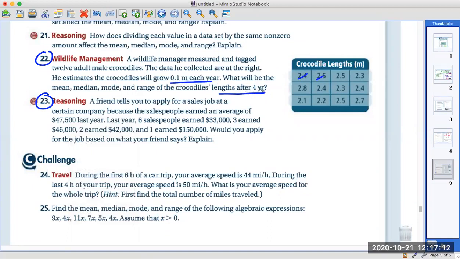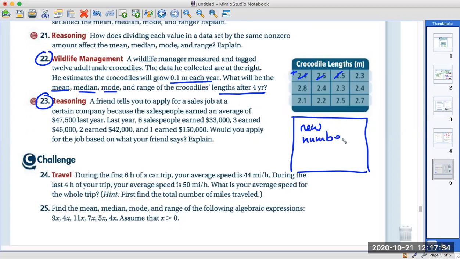They're grown for 4 years. How much are you adding to each number? You got to add that growth, and then you can make a new chart with the new numbers and find the mean, median, and mode of the new numbers. You got to add the growth to the old numbers.